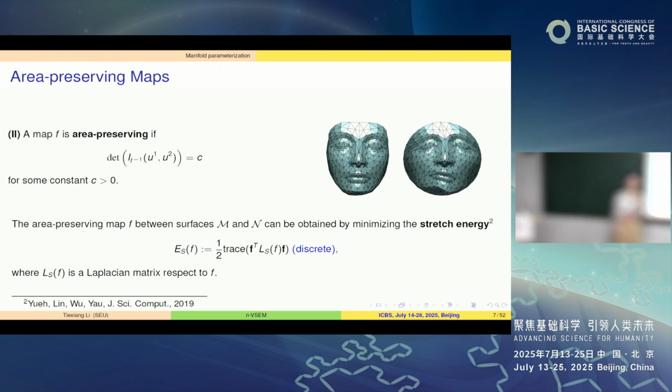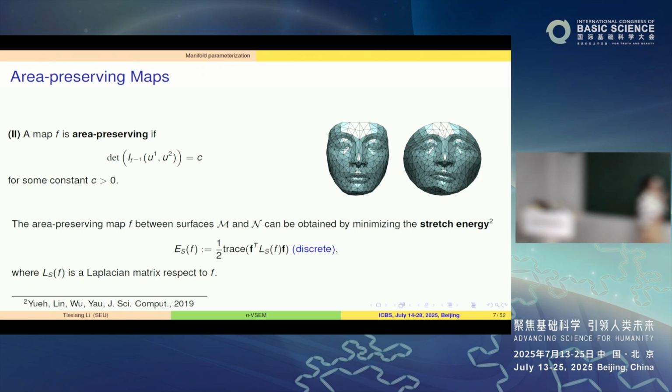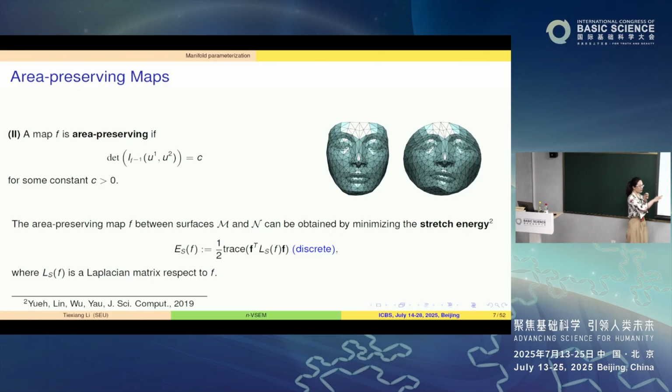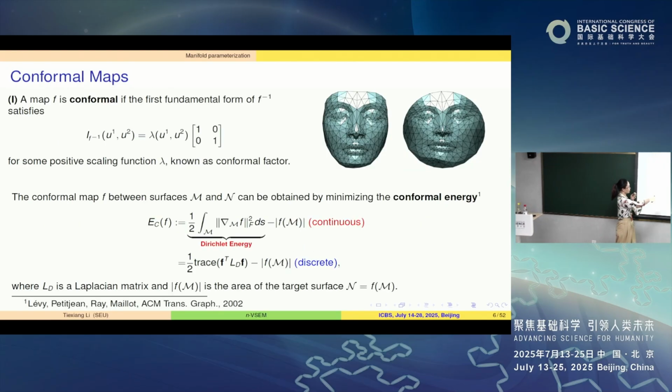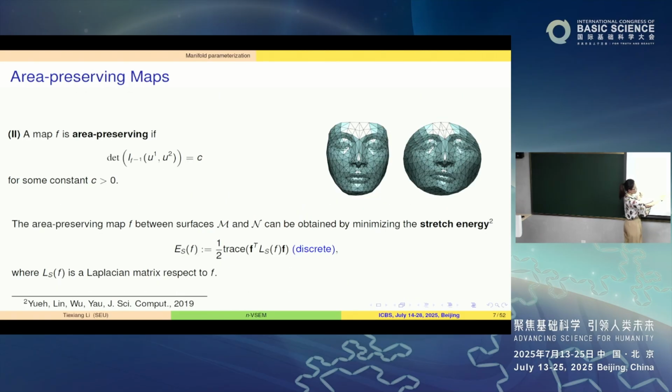Actually, our group developed this energy by generalizing the Dirichlet energy to the structure energy like this one, and here L_S is the Laplacian matrix with respect to F, so we have an F here.